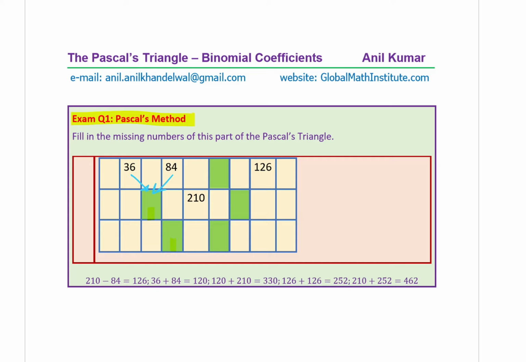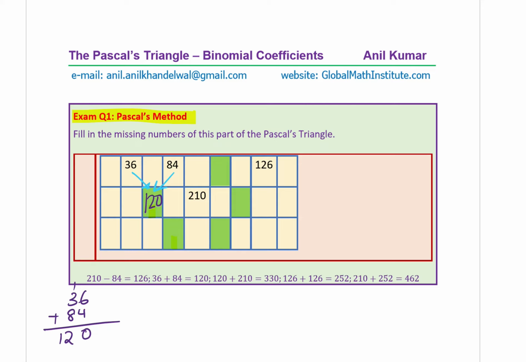So when you add that, you get what? You get 36 plus 84 for that particular answer. And when you do that, this is 120. So this value here will be 120. So likewise, you have to fill up all of this. The element here will be what?